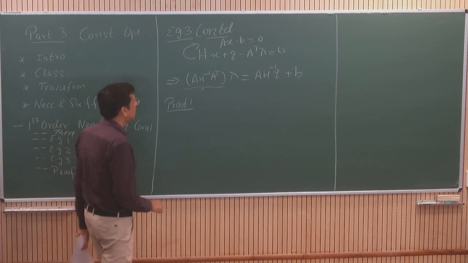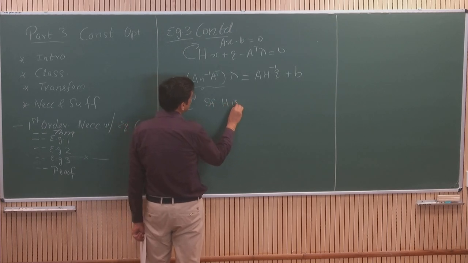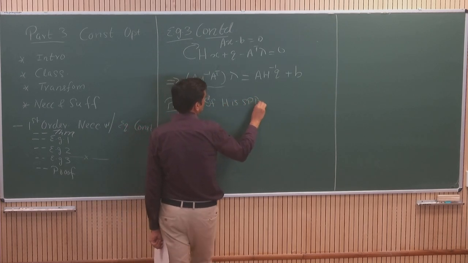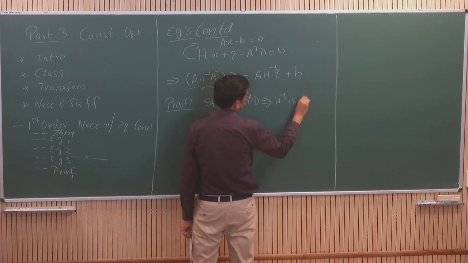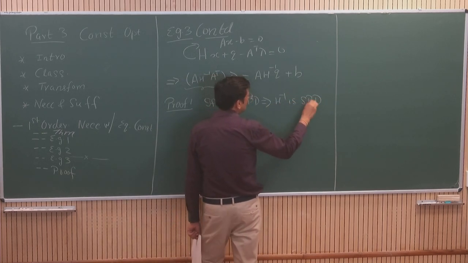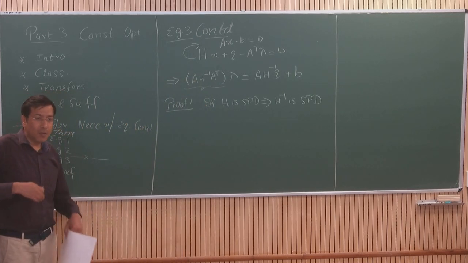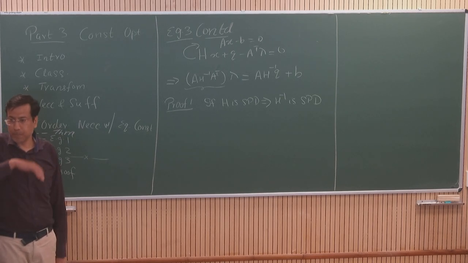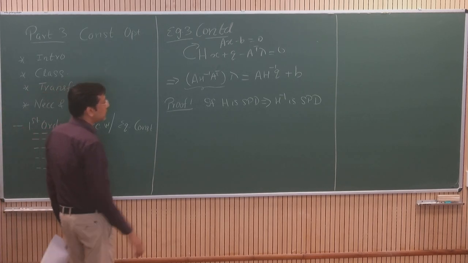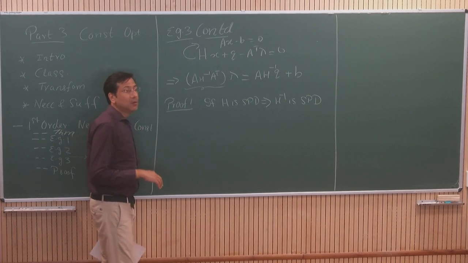To prove it, we said we'll do it in two phases. So the first proof we wanted to do was if H is SPD, then we prove that H inverse is SPD. So this is coming from linear algebra. I don't know if you have proved it, but we'll still repeat it here, so that you get a little more oiled in this kind of proofs. Okay. So what is the definition of symmetric? H is equal to H transpose.